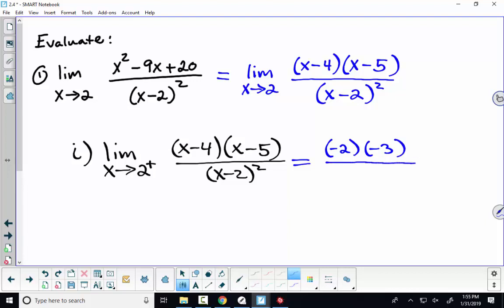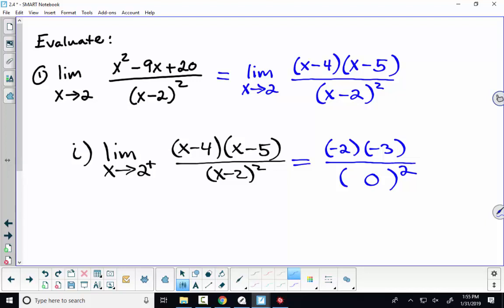What is the denominator approaching? Positive 0. It's approaching 0. What values of 0 is it approaching through? Positive. We're approaching 2 from the right, or values that are slightly larger than 2.